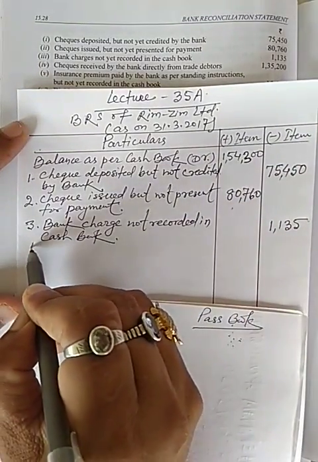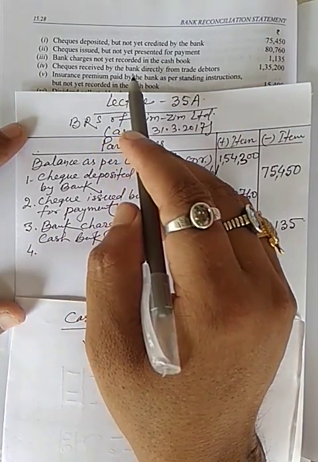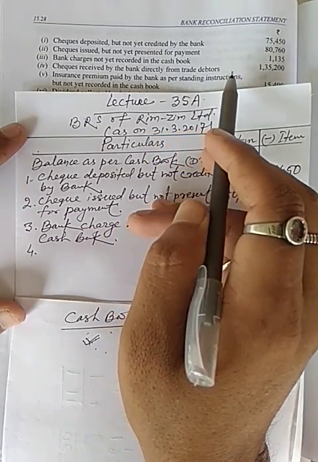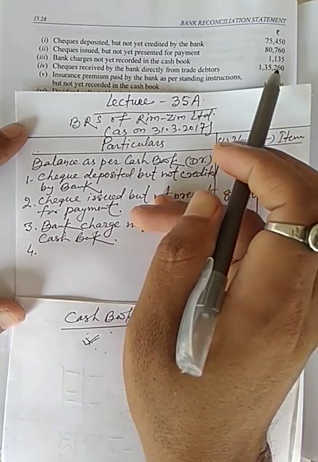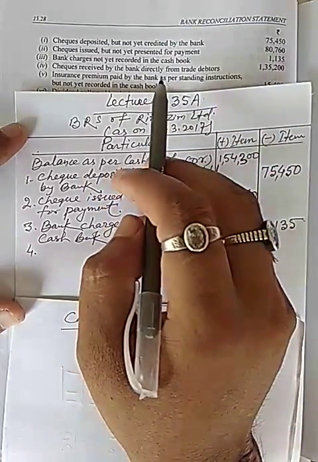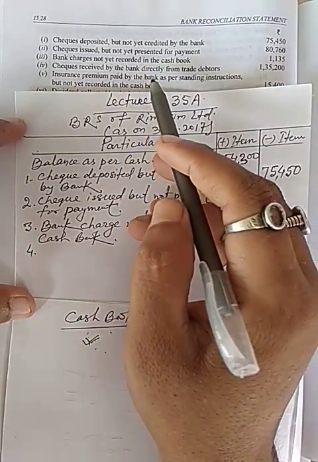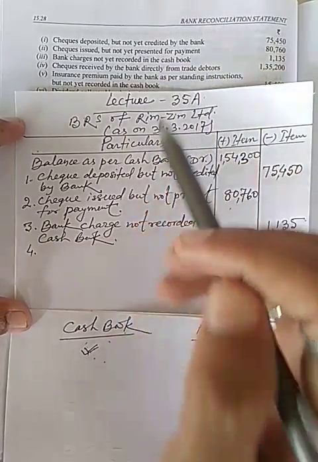Now the fourth point is saying cheque received by the bank directly from trade debtors, 1,35,200. So it means directly deposited by a customer, we can say.